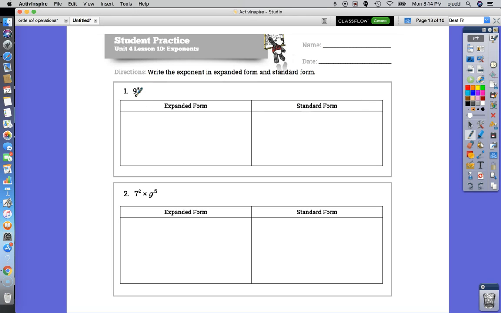And you're looking at 9 to the 3rd power. And this one, again, you have a numerical base and a variable base. And you're multiplying 7 to the 2nd power and g to the 5th power. So pause the video here. I'm going to have you take 3 minutes to do 1 and 2.